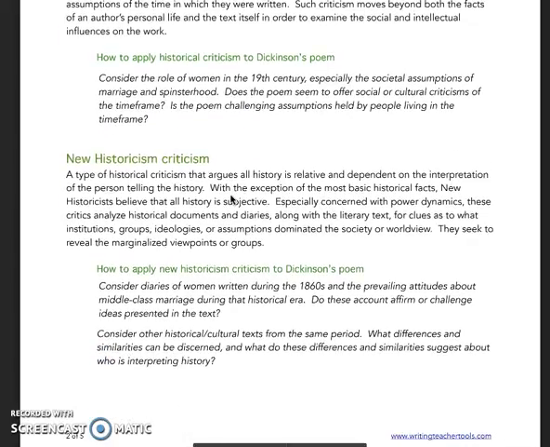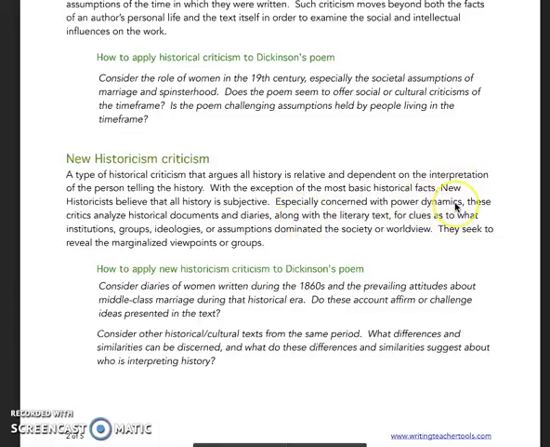A related approach is what we call new historical criticism. That approach looks more specifically at other texts that were written at the same time. So it might be looking at diaries, or it might be looking at what other writers have been saying along with the original text. What these critics are concerned with is power.